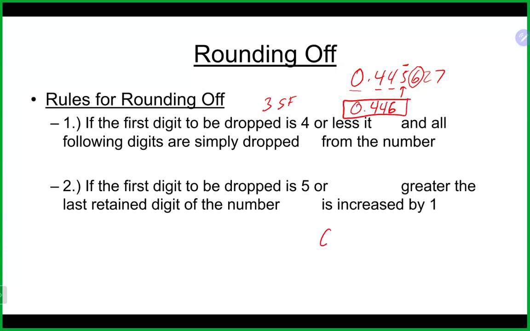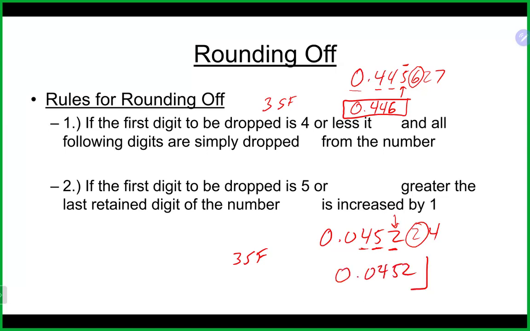If I had 0.045224 and I wanted 3 significant figures, we would go 1, 2, 3 significant figures would be here. We would take a look at this guy and go 0.0452 and maintain our 3 significant figures in this case, right?